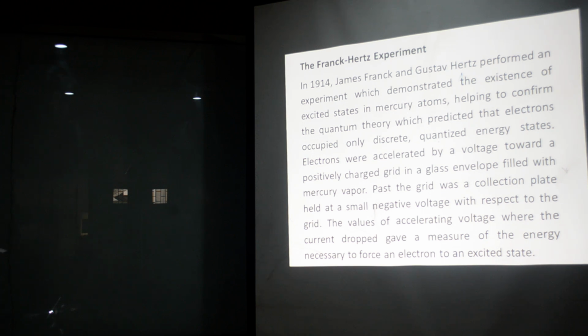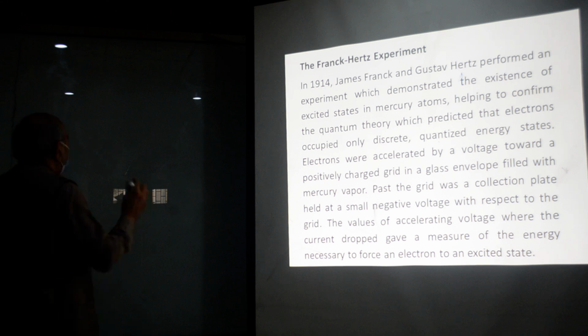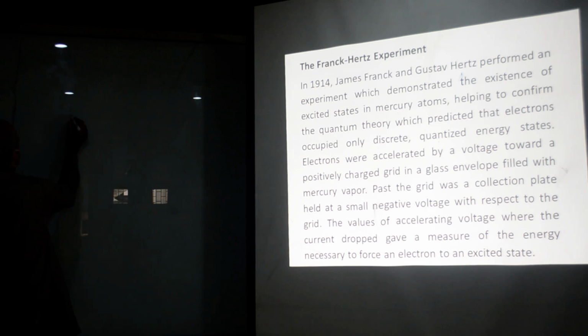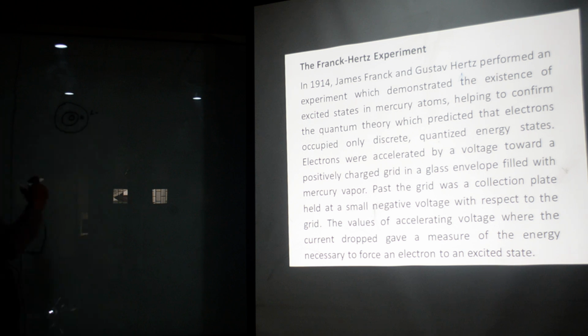Now, the question is how to excite an electron from one level to another level. For example, if this is the K shell and I want to excite the electron to the L shell, what can I do? There are different methods.